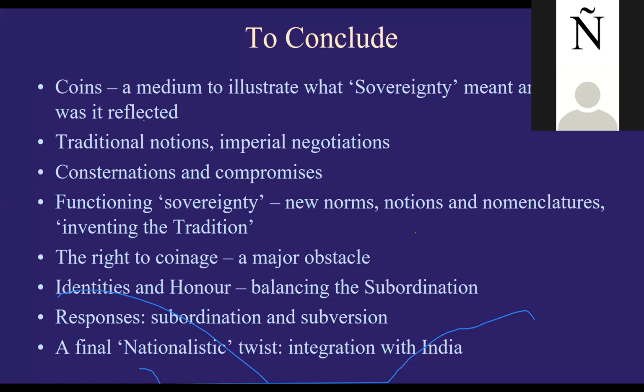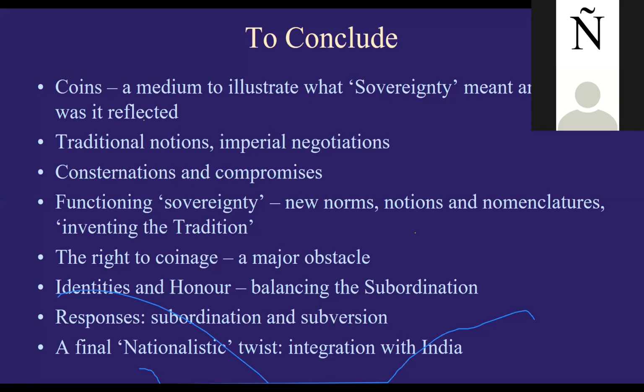The responses to this particular dynamic between subordination and subversion, as we saw, was the issue of ceremonial or medallic coins, which was a kind of unique thing that happened between the two. And finally, we have the nationalist twist, when with the integration of India and the disappearance of the sovereign power, we have the acknowledgement of the Indian Union on these coins as well.